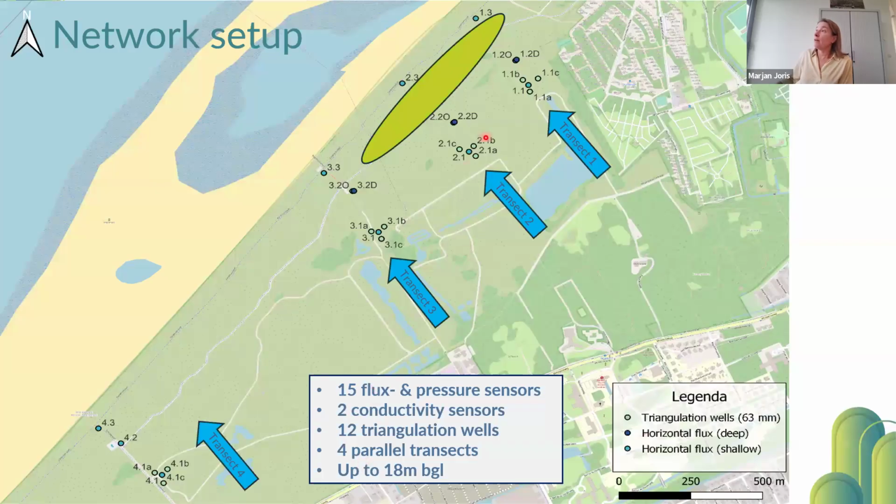In the middle distance between the protection well and the drinking water, flow sensors are installed at 2 different depths, one shallow, around 5 meters, and a deeper one at the maximum depth of 18 meters below ground level.